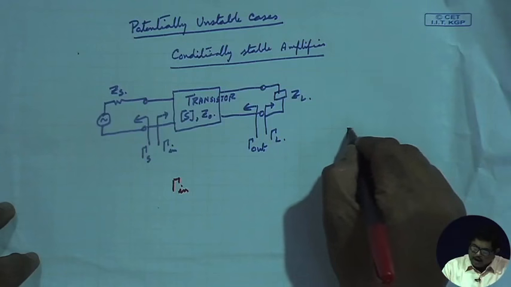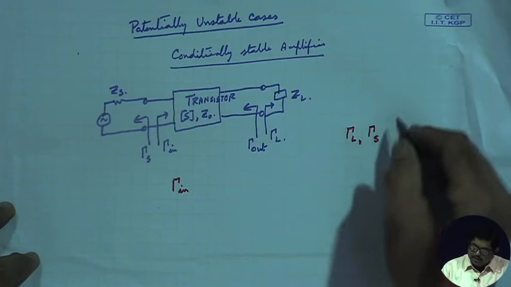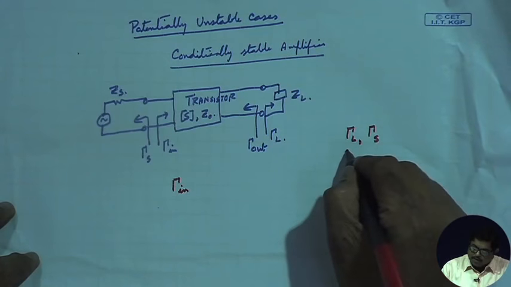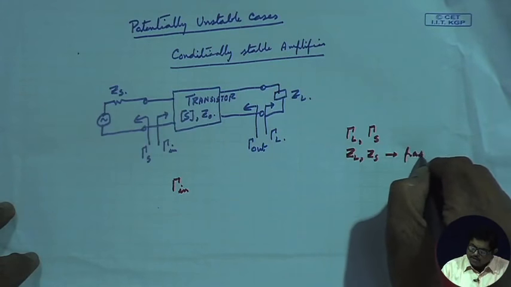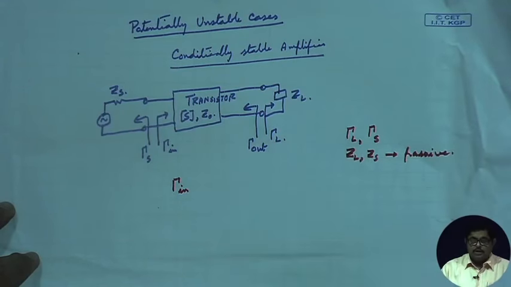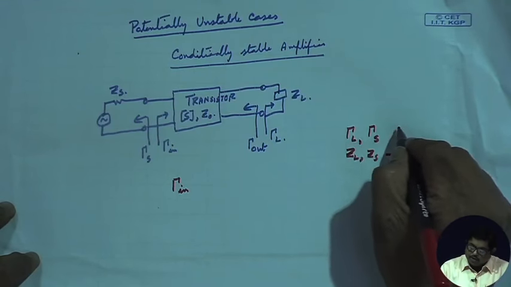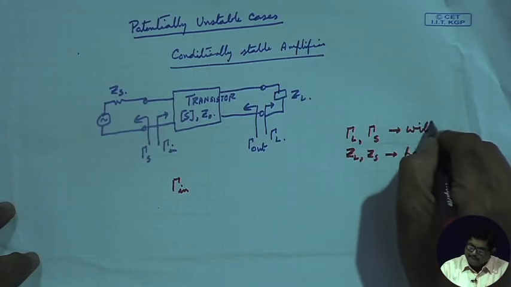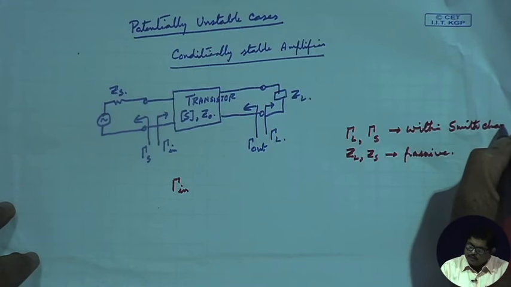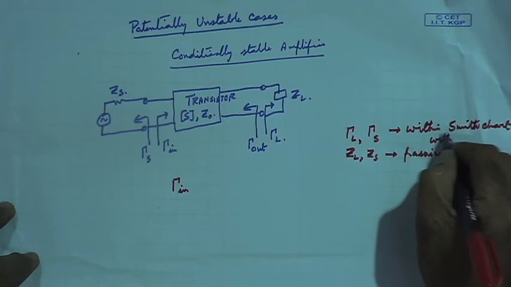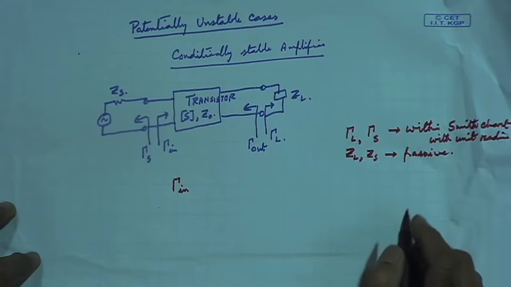obviously our gamma L and gamma S, that means the corresponding ZL and ZS, are passive. So, they should lie within the unit circle in the Smith chart, and gamma L, gamma S should also be within the normalized Smith chart with unit radius.